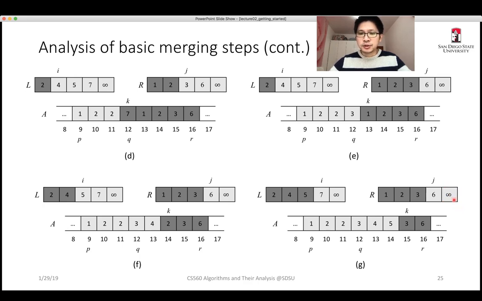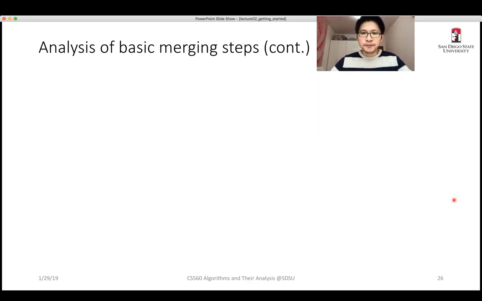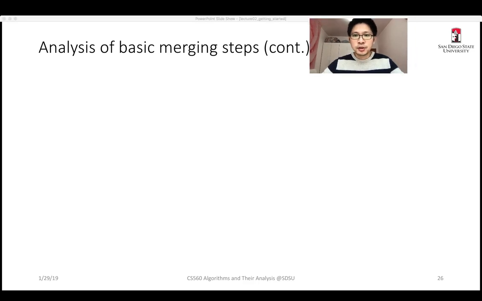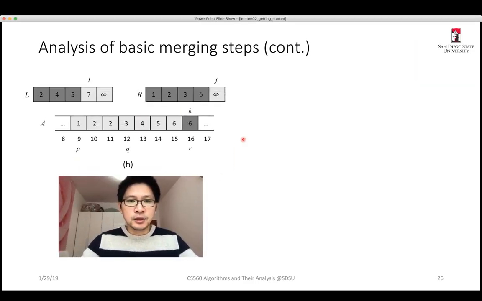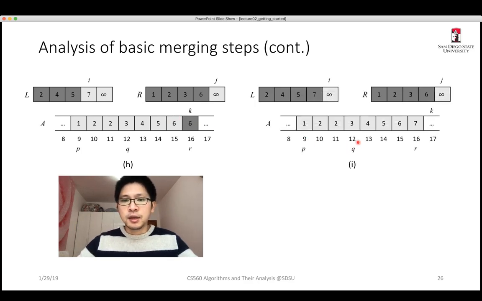So in the next page, we will have J reaching the infinity, and because the current element in L is 7, we just copy 7 back to A. And L also reached the infinity element.